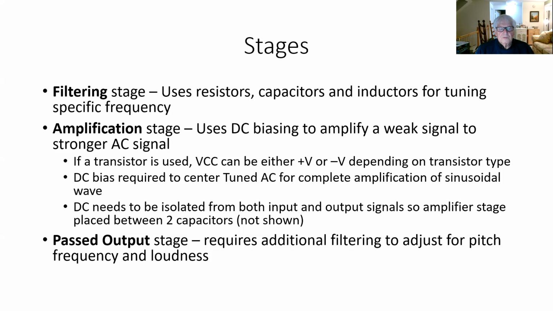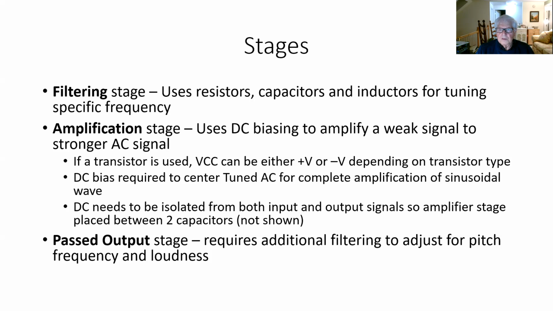DC bias is required by the transistor so that you can take that signal and center it so that when you amplify, you amplify both the first half and the second half of the sinusoidal signal.